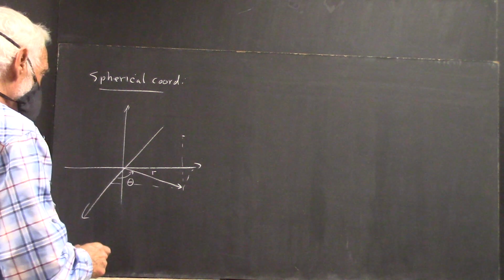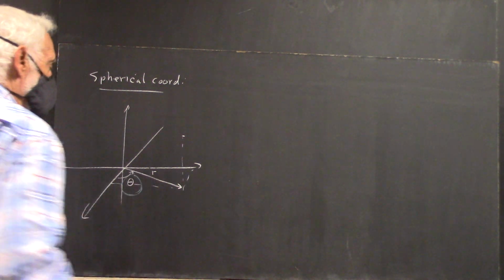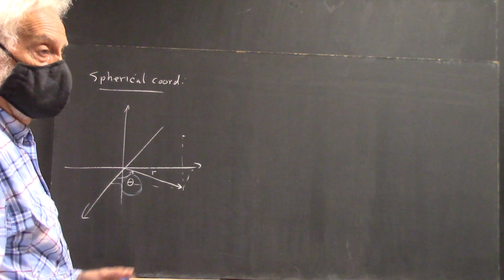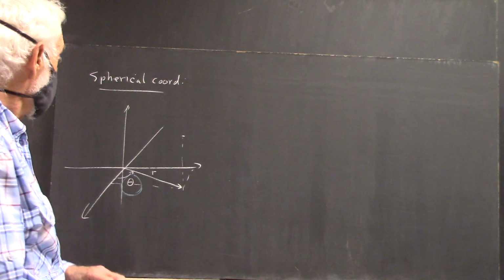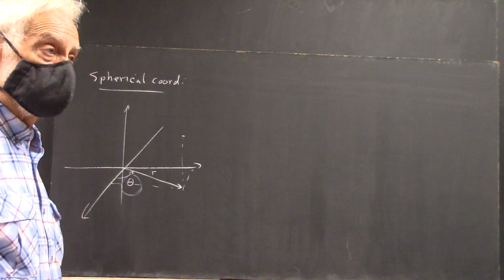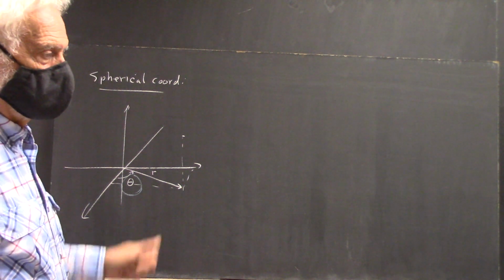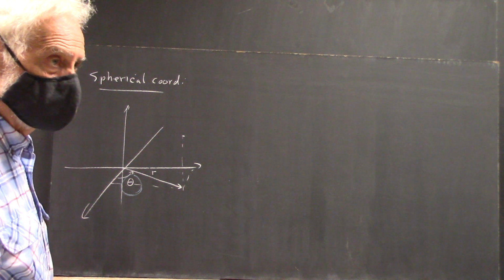R is not a spherical coordinate. So I'm going to circle theta to say that's one of our spherical coordinates. There are three. You need three coordinates in whatever system to describe a point in three-dimensional space. That's why the space is three-dimensional. The whole concept of dimensions is a little more subtle than that, but that's sufficient for right now, okay?